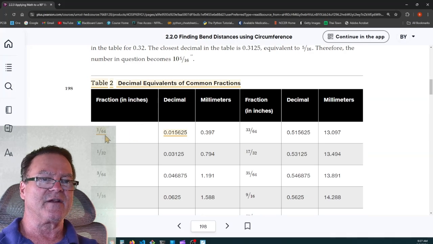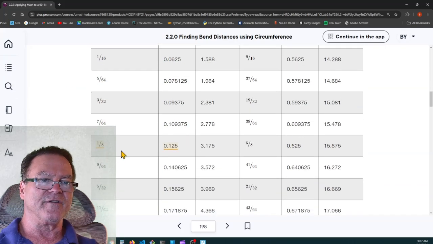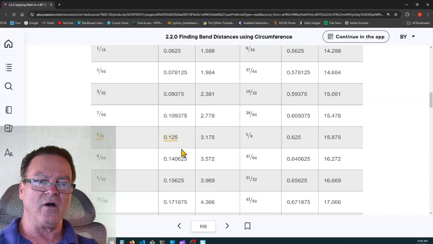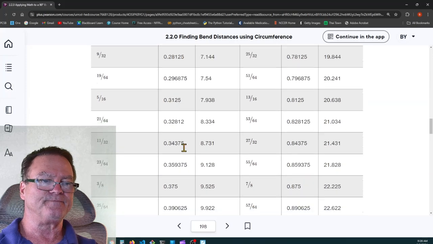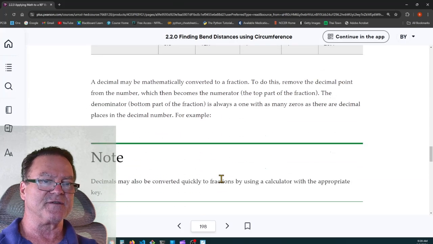And you can do this in your calculator, you can do it on a piece of paper, you can divide 1 divided by 64, and you'll come up with this answer, 0.015625. Or if you divide 1 by 8, you get 0.125 when you do it longhand or in your calculator. So this whole chart is just making conversions from fractions to decimals.